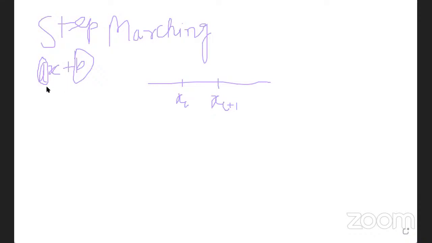If we want to approximate by a higher degree polynomial, say a second degree polynomial, ax squared plus bx plus c, in this case we need to fix three parameters, a, b and c.